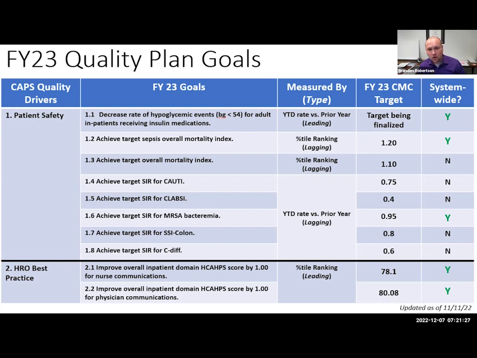So these are reducing sepsis mortality rates, looking at observed over expected. Based on the picture that you paint in the EMR, we are able to understand whether that patient was expected to die. If you as a provider do not place much in your note at all about the patient's condition when they come in, one of the issues that we often see is a lack of documentation on the patient's malnutrition.